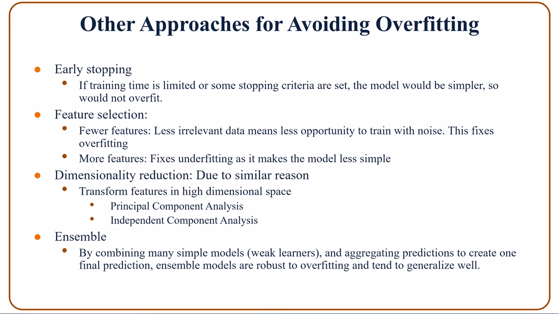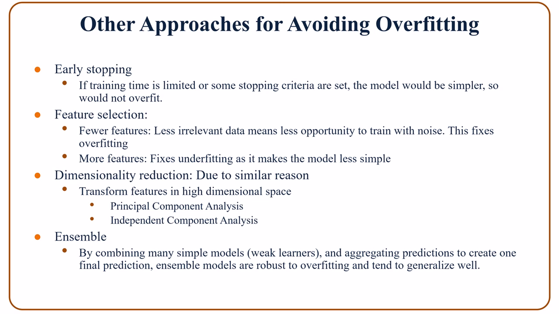Another approach is to reduce the number of dimensions. We may transform features in high-dimensional space to a new space using, for example, principal component analysis, and retain dimensions with highest variance such that the total variance would meet some criteria.